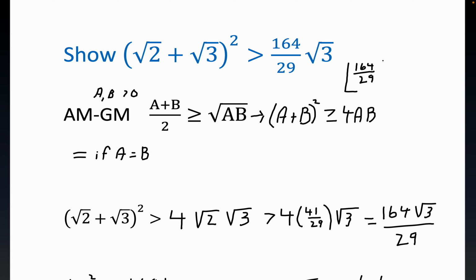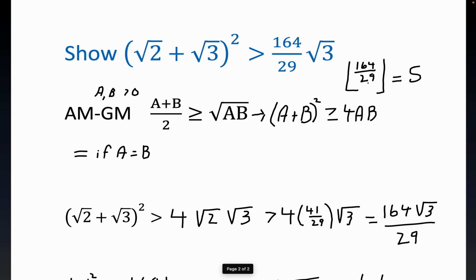And that would have been probably a good motivational thing to say at the very beginning. This is equal to 5, and that's because 5 times 29 is 145, and I think 6 times 29 is 174. So you see the floor of this is 5, the greatest integer less than or equal to it.